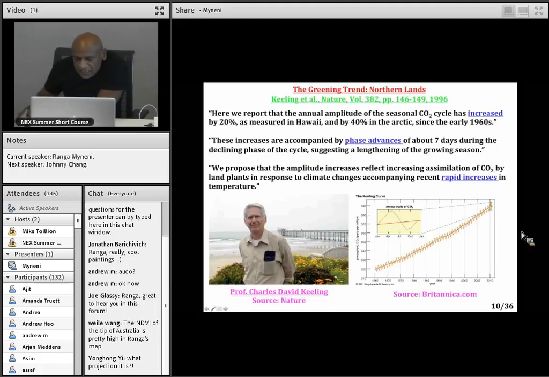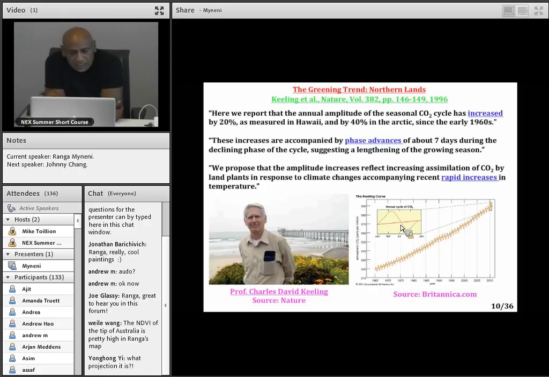What he's saying here is that you have this CO2 buildup during the boreal winter, and then the leaves appear, and photosynthesis begins to happen, and then it will overtake respiration, and then it crosses this red line. And where it crosses this red line, he's saying that it is advancing earlier by about 7 days to the left.